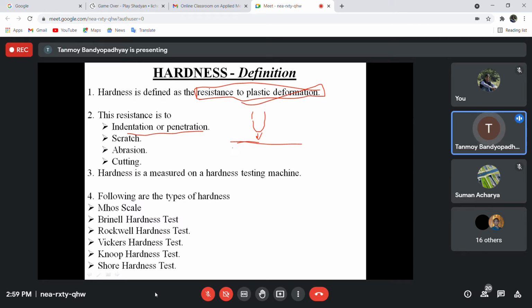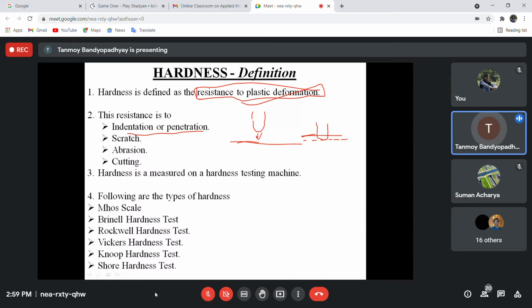The final shape will be something like this, and this is the final depth of penetration. The applied load is perpendicular to the surface of the specimen, so that you get a penetration depth.